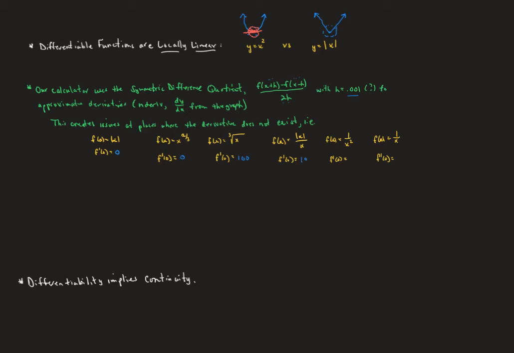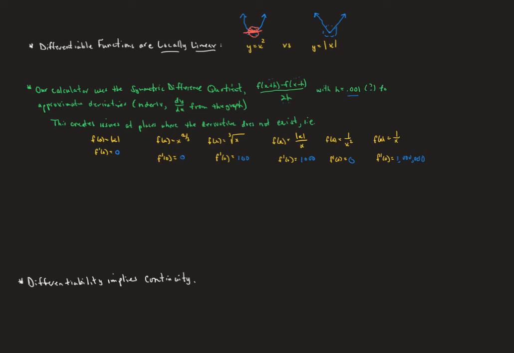That's 1,000 again, which is incorrect. And for 1 over x squared, I believe it gives you 0. And for 1 over x, I think it gives you 1,000,000. In fact, all of these derivatives don't exist because they happen at corners, cusps, vertical tangents, and asymptotes, and even a jump discontinuity for absolute value of x over x, where the derivative does not exist.